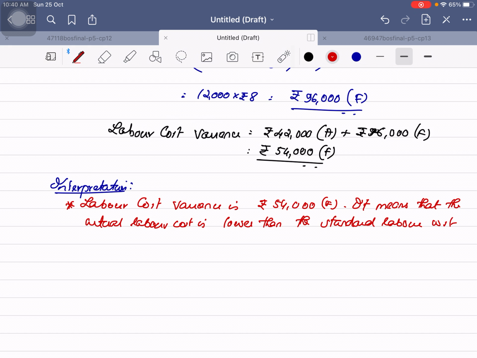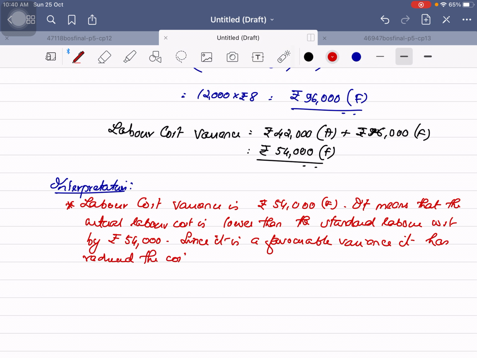In bracket you can write for actual production, lower than the standard labor cost for actual production by rupees 54,000. Since it is a favorable variance, it has reduced the cost. Okay, so that is the interpretation.